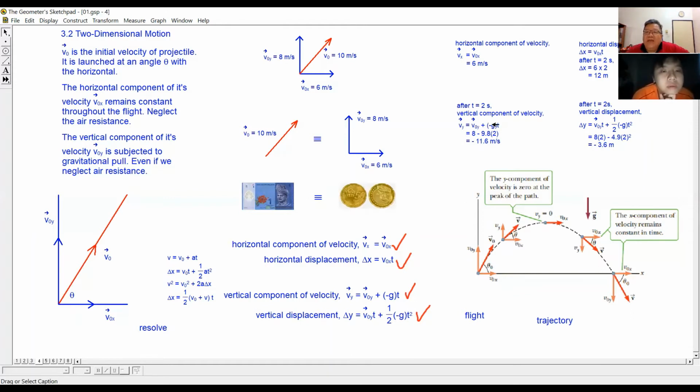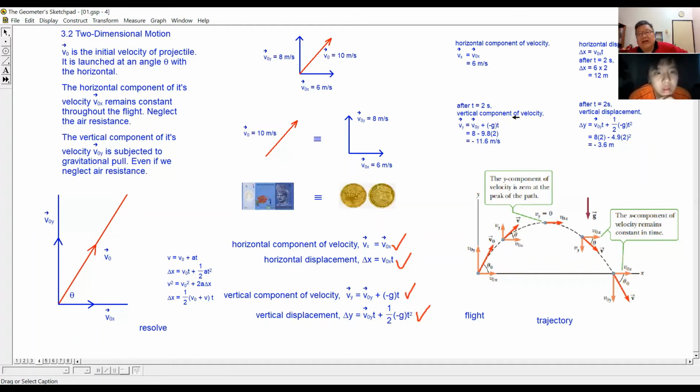Now this 8 meter per second is subjected to the gravitational pull. So as the object leaves your hand, the vertical component will slow down. Even if you throw it up, the vertical component will slow down. The horizontal component will not slow down.